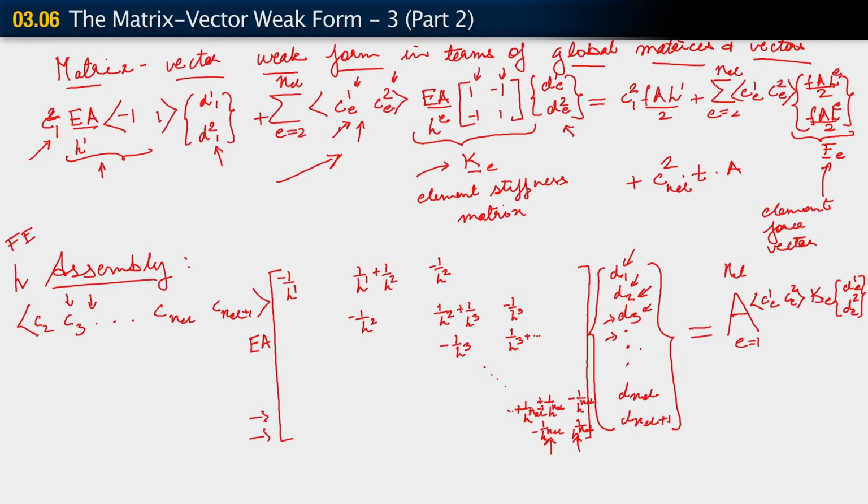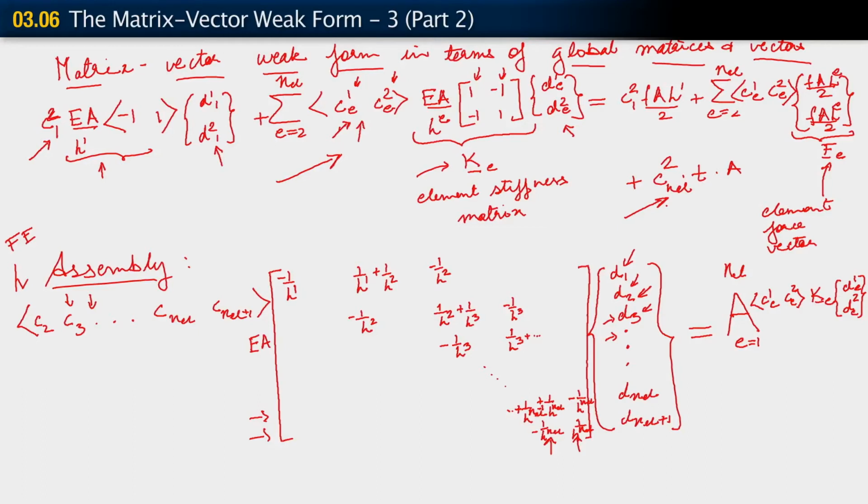Right. On the previous slide, it is this contribution. Right? That comes from the weighting function degree of freedom C2 NEL. Okay? Right? And we know how that maps on to the global numbering system for weighting function degrees of freedom.